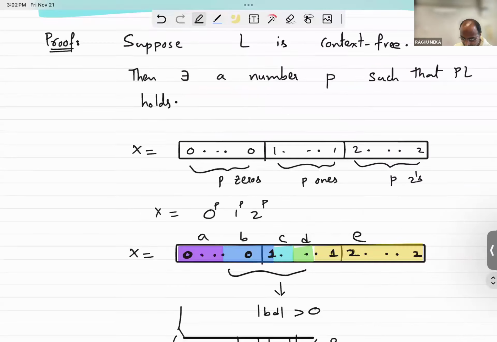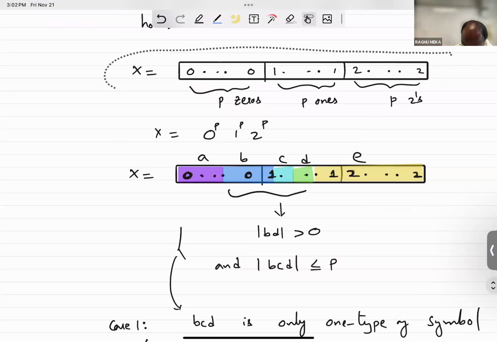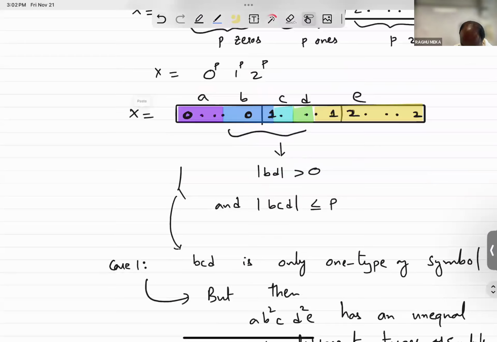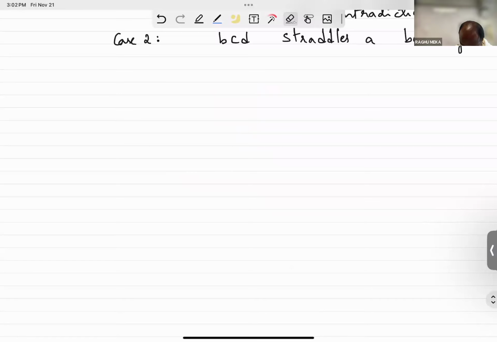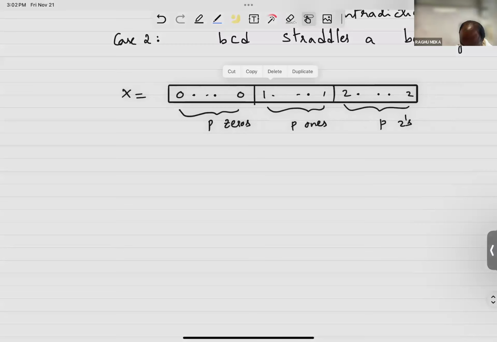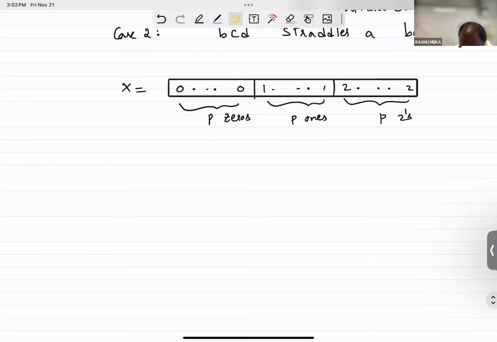Okay, so for example, let's say suppose my BCD portion kind of is here. So why is this bad? Any suggestions? Why should this be bad? Like what happens when I pump now?